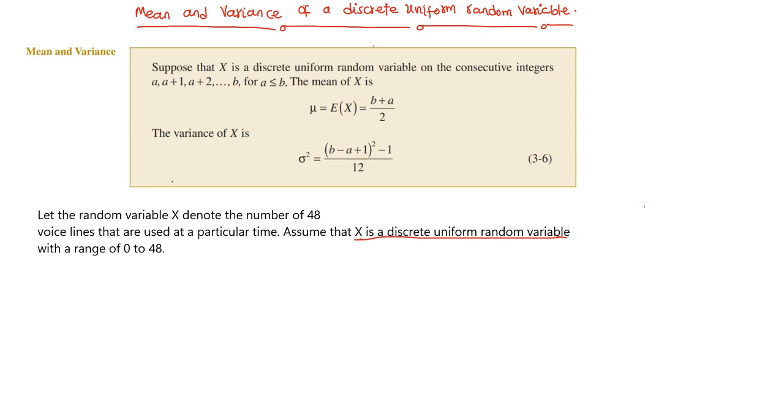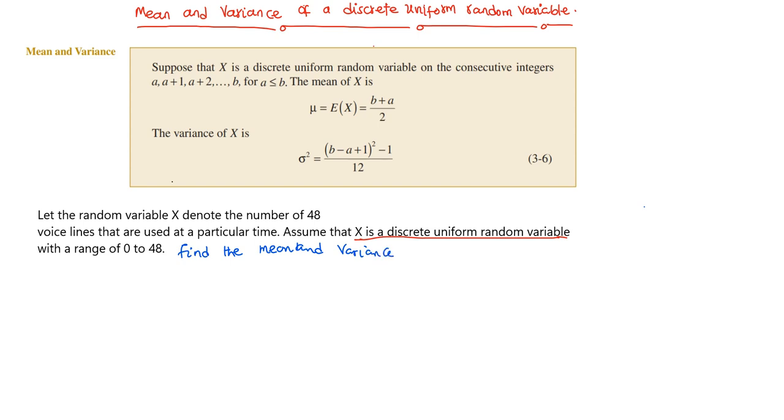Assume that x is a discrete uniform random variable with a range of 0 to 48. Find the mean and then the variance.